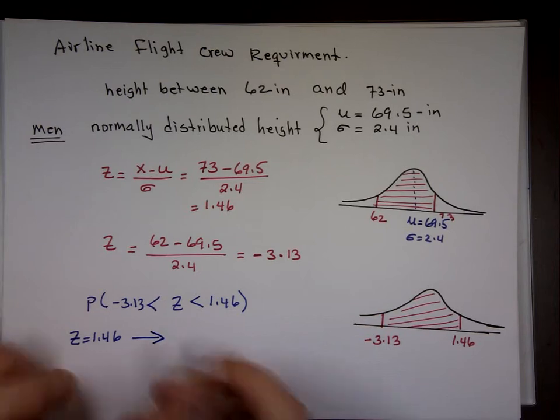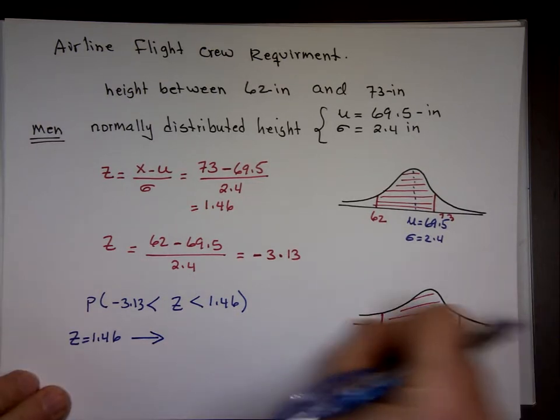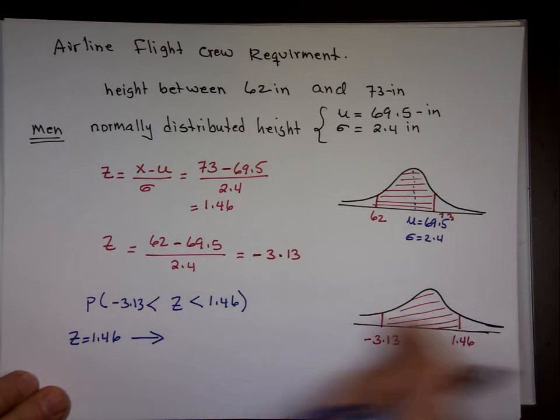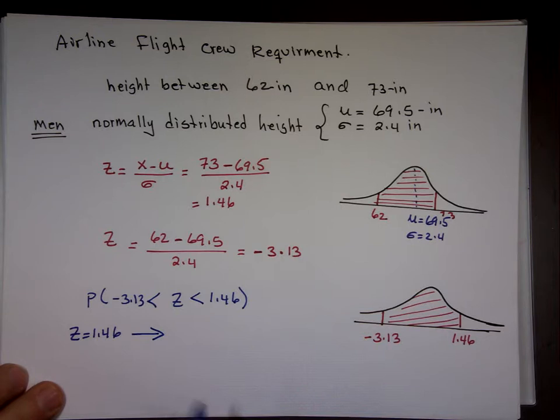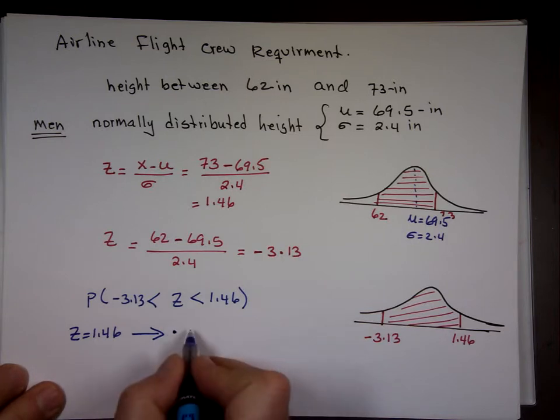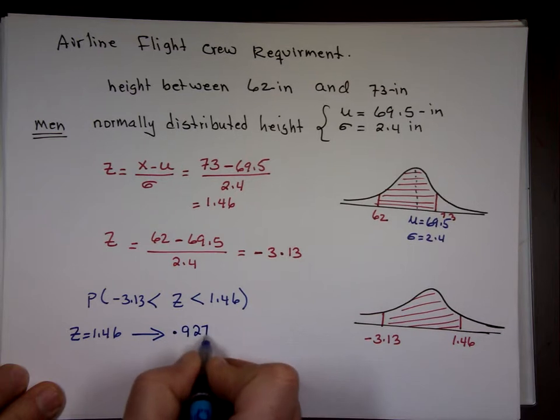What is the area? And that's to the left of this number. That's from the 1.46 all the way to negative infinity, all the way down. And that will give me 0.9279. Good.